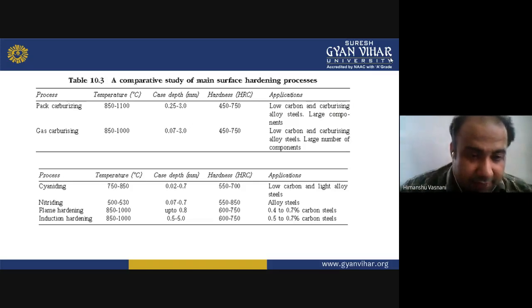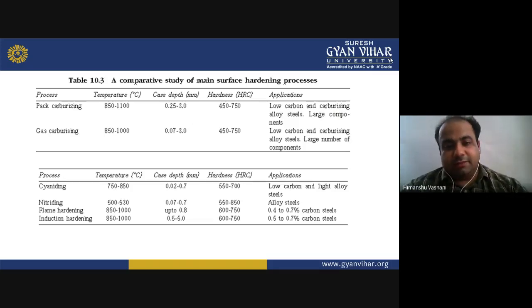Nitriding has a temperature of 500 to 530 degrees centigrade and a case depth of 0.07 to 0.7 mm. The hardness will be 550 to 850 HRC, and applications are alloy steels.